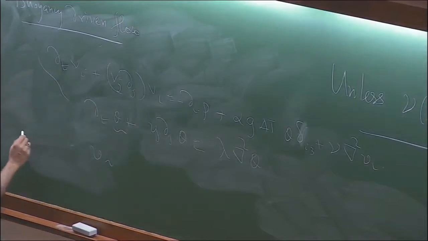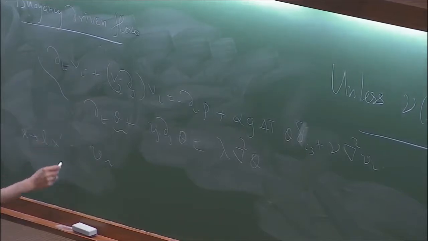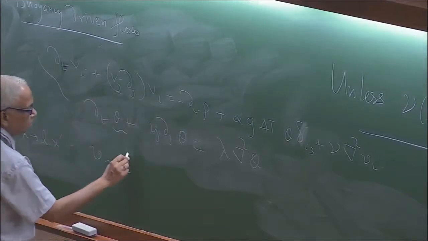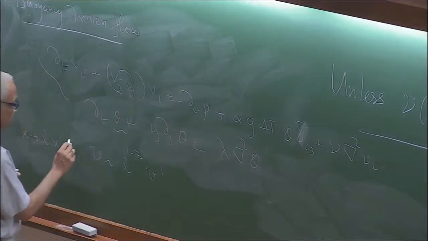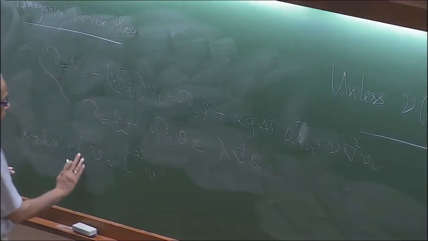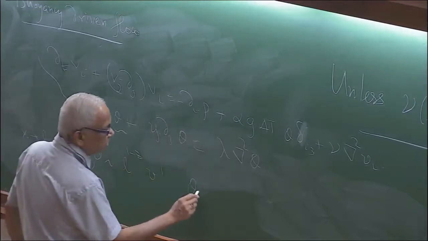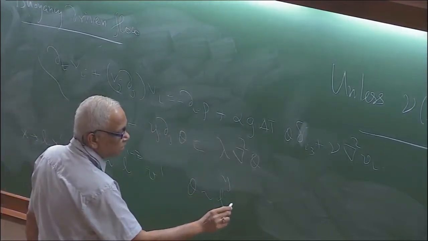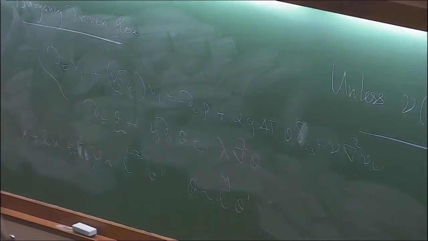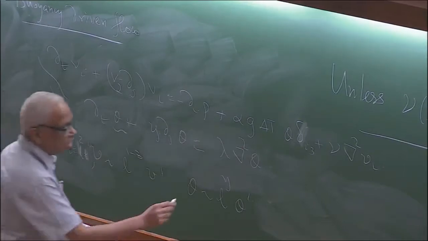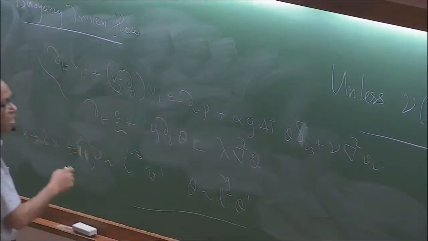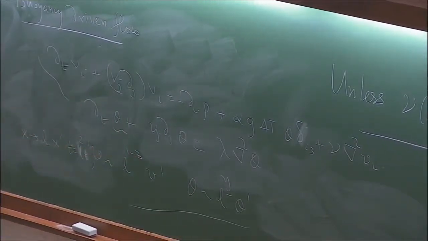As we found, the spatial x goes to L x prime, v goes to L to the power 1 minus z v prime, t goes to L to the power z t prime, and then there would have to be theta going as some L to the power y theta prime. That's an additional field, so I have to put in an additional scale factor for that.